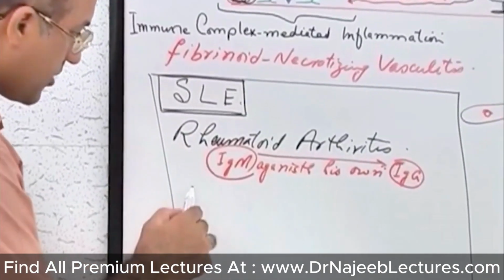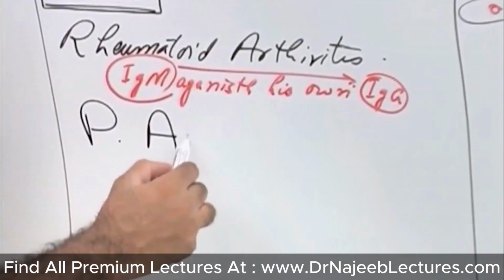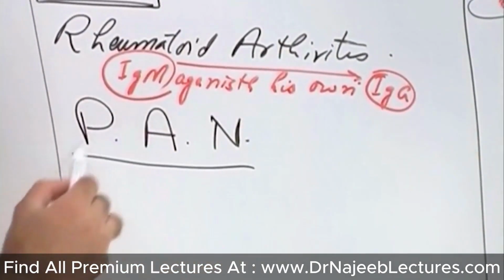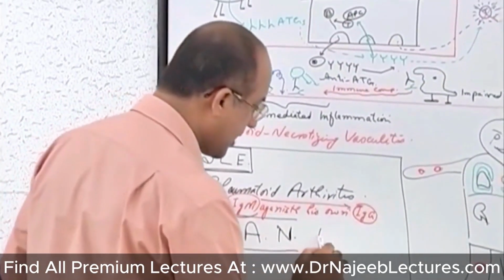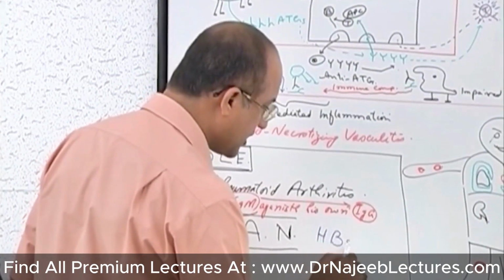That is polyarthritis nodosa. In polyarthritis nodosa, the circulating antigen is hepatitis B surface antigen.